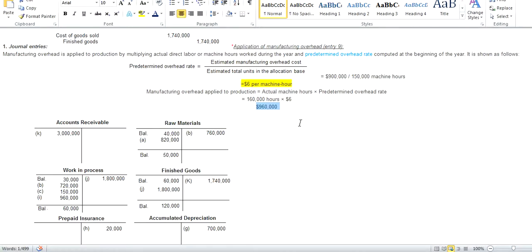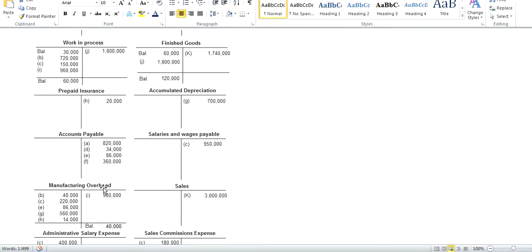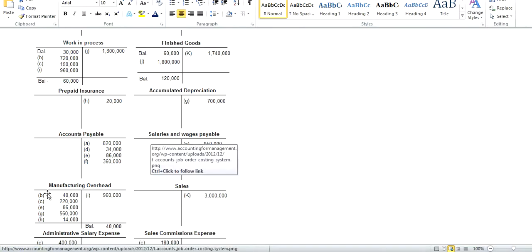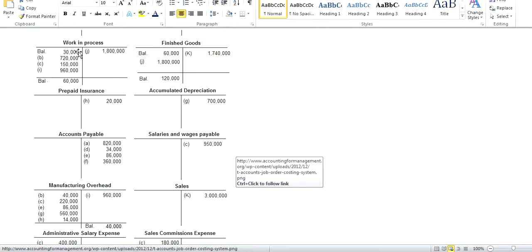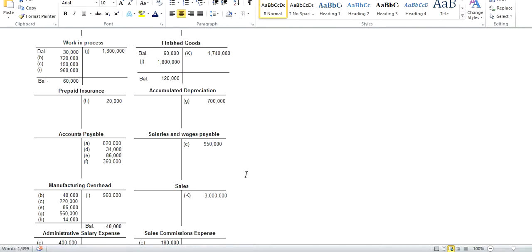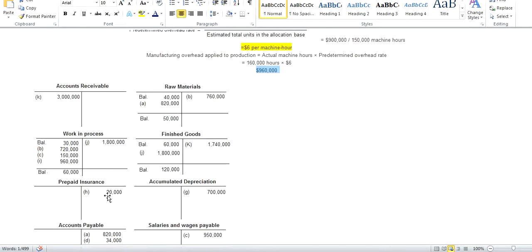So typically we've been debiting our work in process for all of our costs. But now we're going to do an actual application. So we credit 960,000, and the debit goes to work in process. So that's how we move all of the costs out. So debit work in process and credit manufacturing overhead.